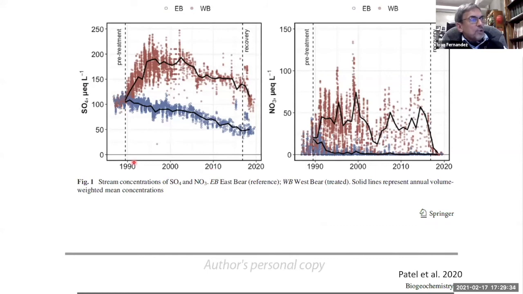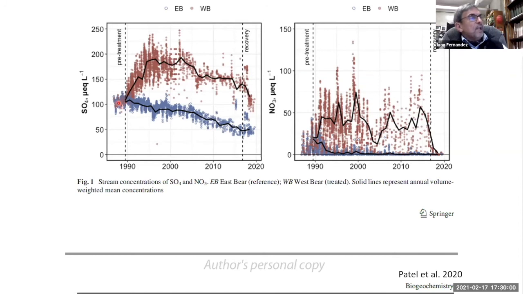It's the long-term data for the stream chemistry. This is the reference watershed, and this is the treated watershed. You can see what we induced over almost 30 years. They both were very similar before we came along, and then in 1989 we started this acid rain experiment and added ammonium sulfate.